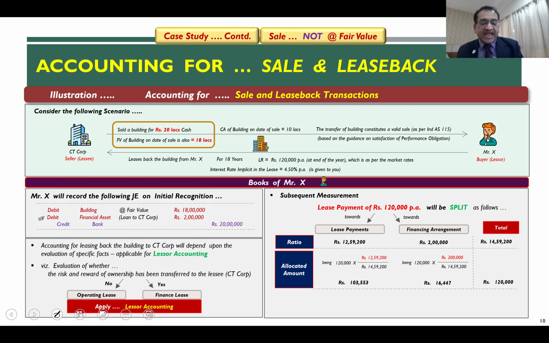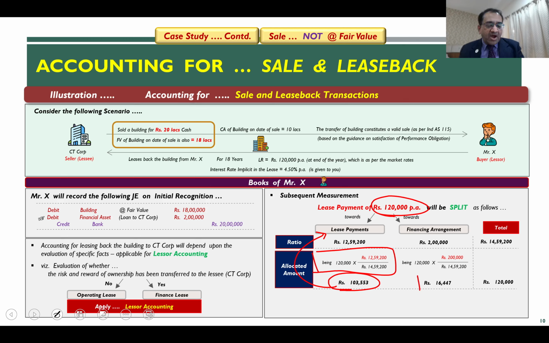Therefore, if you look at the calculations, out of 1,20,000, a sum of 1,03,553, which is computed here, relates to the lease payment.